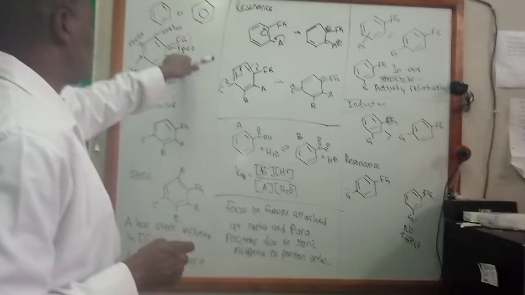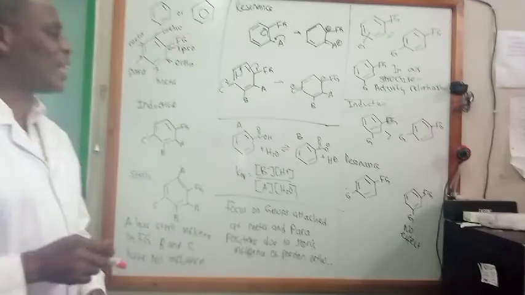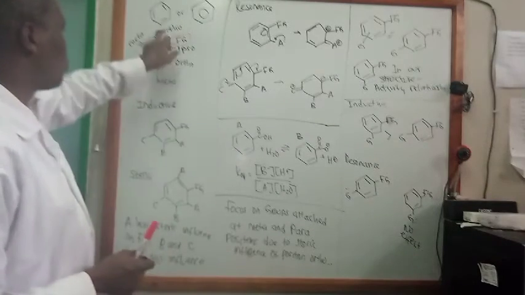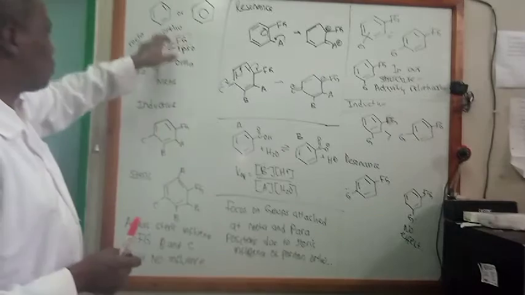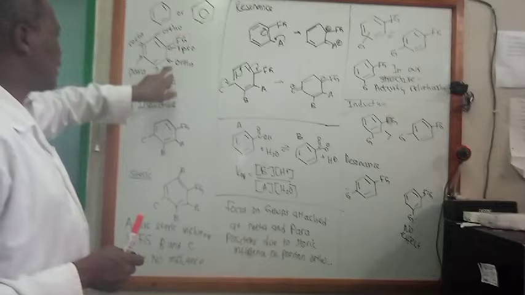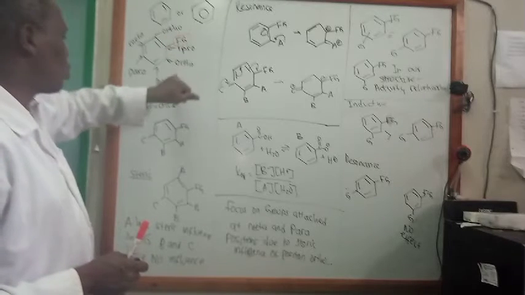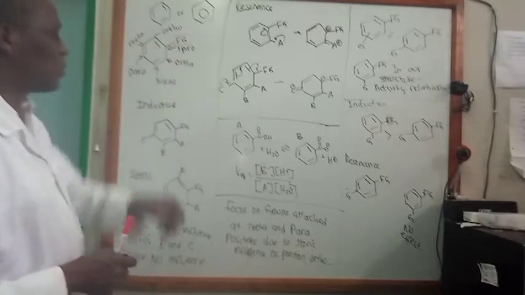And then I think the other positions are very much mentioned. Like there is the ortho, which is next to the functional group. So in a benzene ring, there are two ortho positions because there are two positions next to the functional group. And then the ones which are adjacent to the ortho, which are two carbon atoms away from the functional group, are called meta. So there are two meta positions.